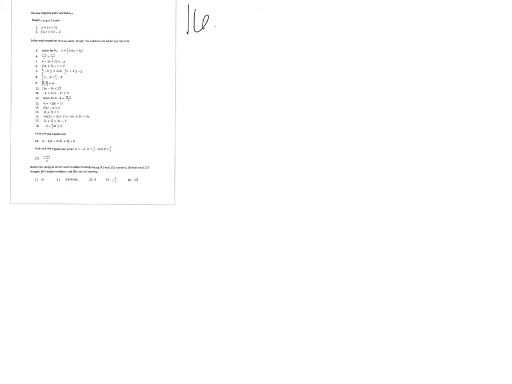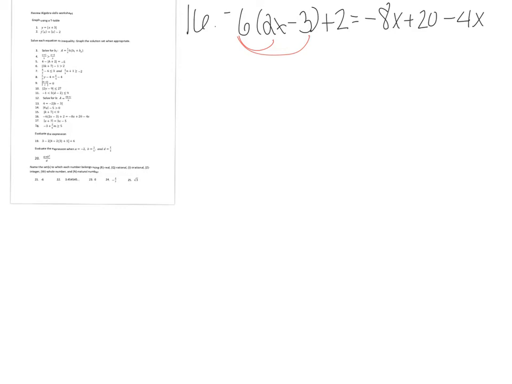Number 16. Negative 6 times the quantity of 2x minus 3 plus 2 equals negative 8x plus 20 minus 4x. So the first thing we're going to do is distribute my negative 6 to both the 2x and the negative 3.